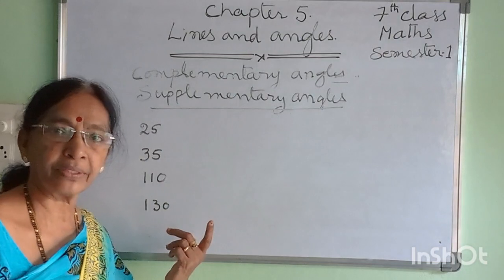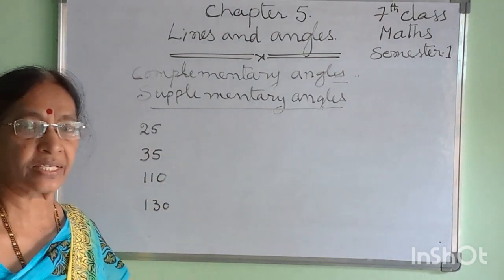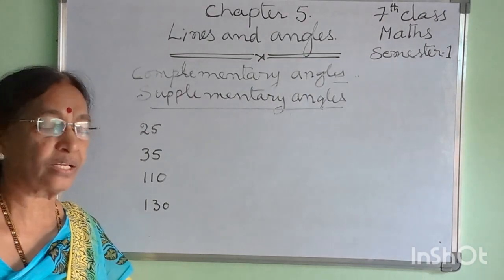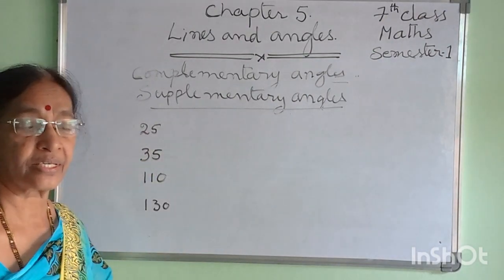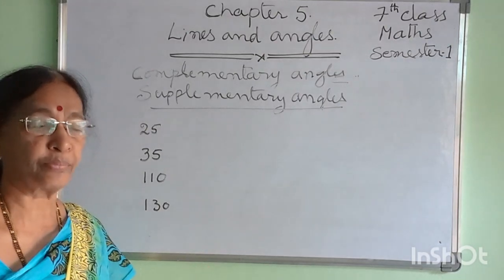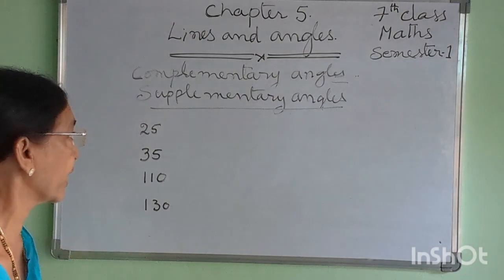Find the supplement to these angles. The supplement is an angle which, added to this angle, becomes 180 degrees. Two angles whose sum is 180 are called supplementary angles.